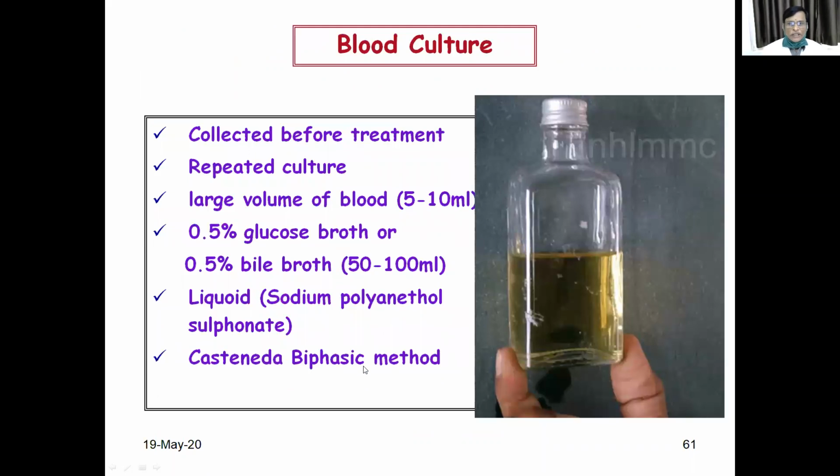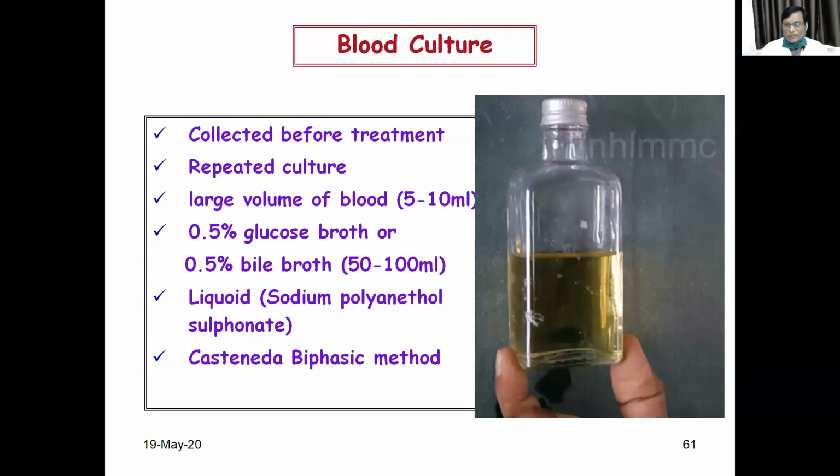Now coming to blood culture. When a blood culture is requested to the laboratory, generally people make a mistake. They will send 5 ml or 2 ml or 3 ml of blood taken directly into a small bottle to the laboratory.